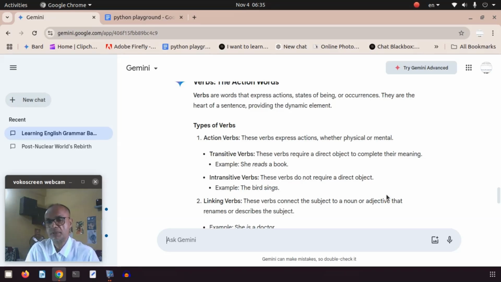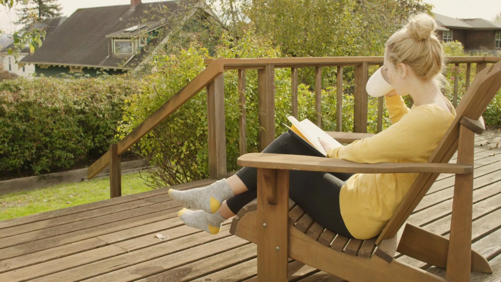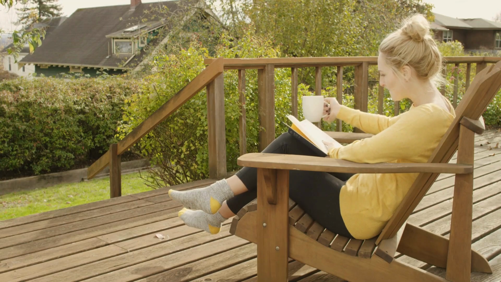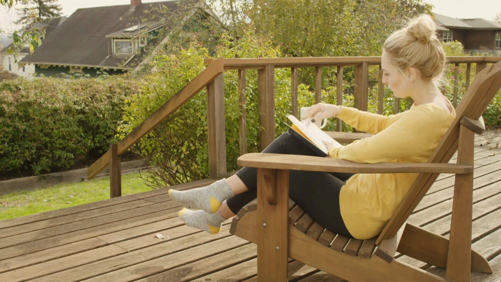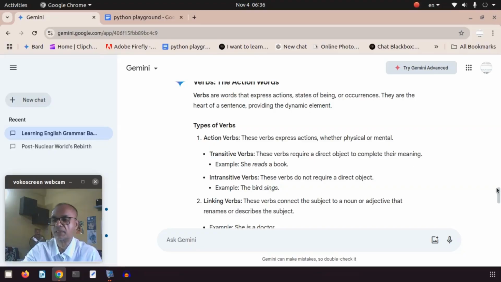We just saw them in our examples. Transitive verbs require a direct object to complete their meaning. Example, she reads a book. We have just completed that task. And an intransitive verb does not require a direct object. The bird sings. The boy laughs, the bird sings, kind of things.